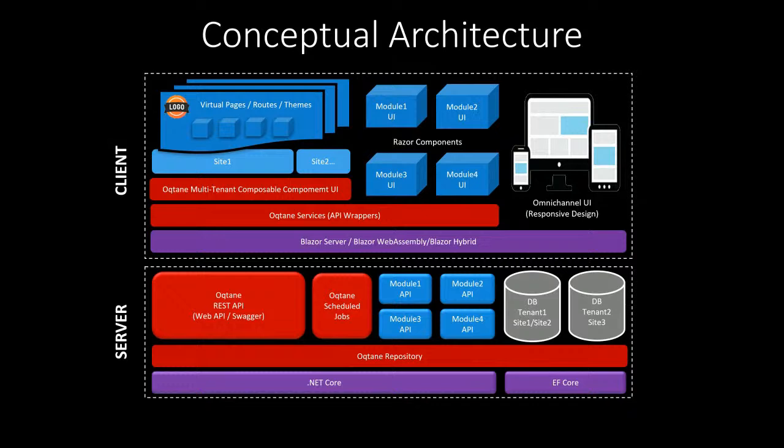Although it doesn't allow you to mix and match on the same page, it allows you to have a single installation where you can say that this site in my installation should use the Blazor Server hosting model, this other site should use a Blazor WebAssembly hosting model, and maybe another one should use Blazor Hybrid. So it does have the ability to use all of the hosting models depending on what you want.